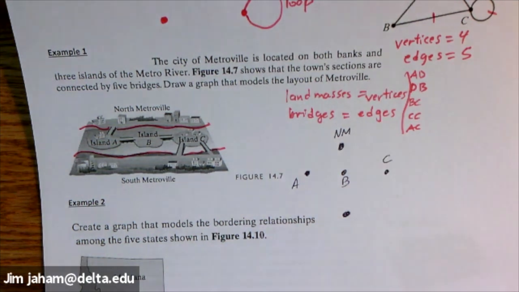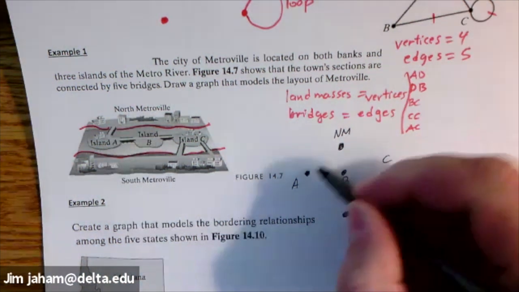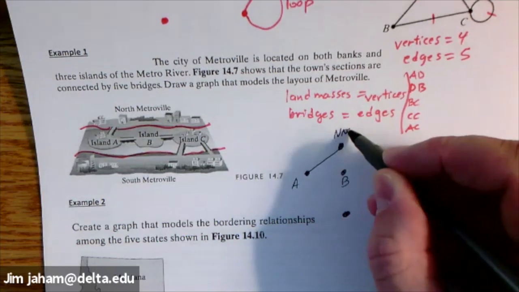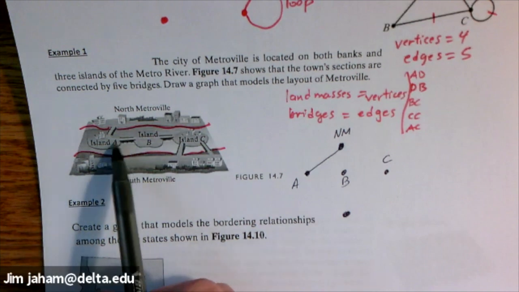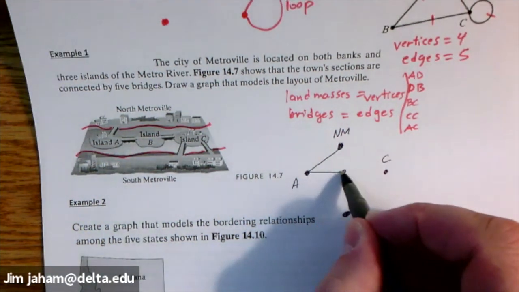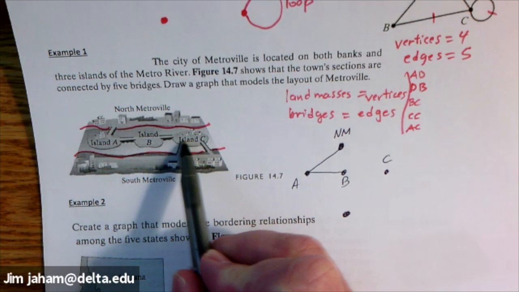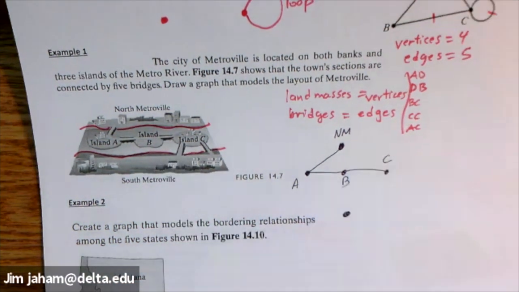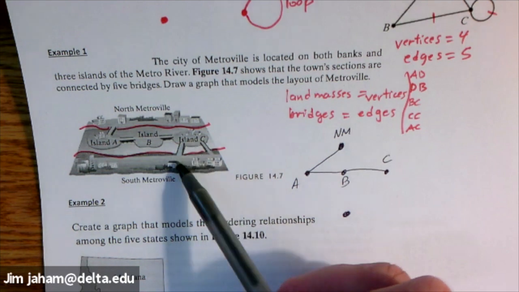So we're going to draw an edge whenever there's a bridge connecting 2 land masses. For example, here's a bridge that connects North Metroville to Island A, so we draw an edge from North Metroville to Island A. There's a bridge connecting Island A and Island B, so we'll put an edge between A and B. There's a bridge between Island B and Island C, so we'll put an edge between B and C. And then there is a bridge going from Island C to North Metroville.